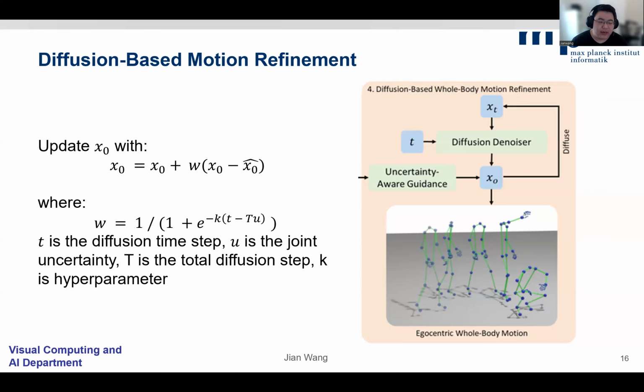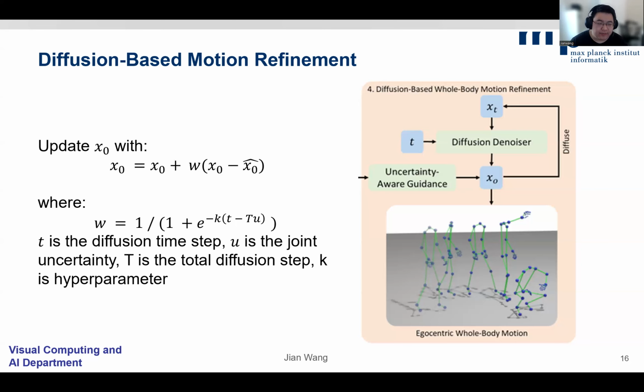If the uncertainty is very high, the weight will be quite low, which means this joint will be generated by the diffusion denoiser, by the diffusion model. But if the uncertainty is low, the weight should be high, and X0 will rely on the estimation of the body pose estimator.